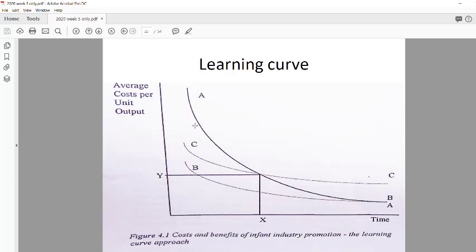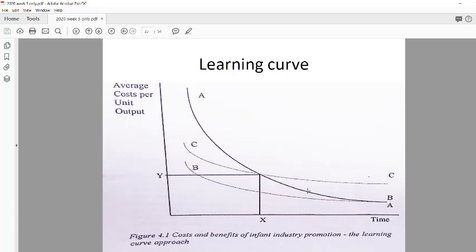So to the left of X, you can see that the AA curve, or the domestic curve, lies above the CC curve, or the foreign curve. So these are costs over here. And to the right of X are all the benefits, because the CC curve lies above the domestic curve AA. So those are all the benefits.